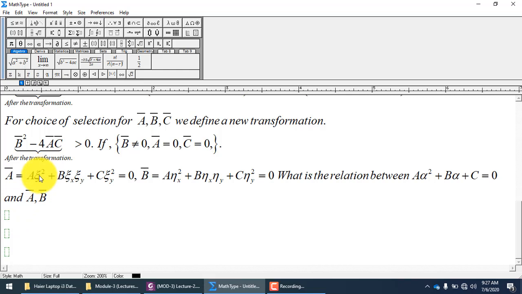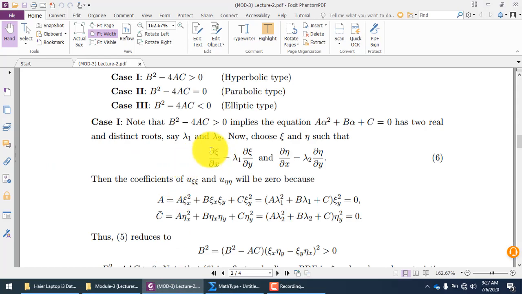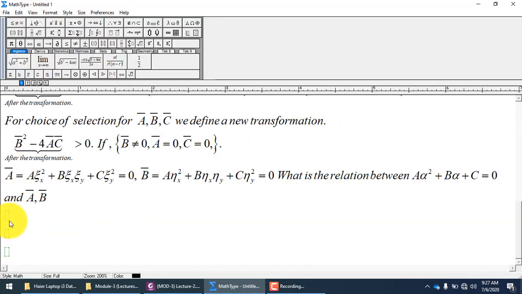Look, if xi x equal to lambda 1 xi y and eta x equal to lambda 2 xi y, what will happen? xi x is partial xi by partial x, no problem.